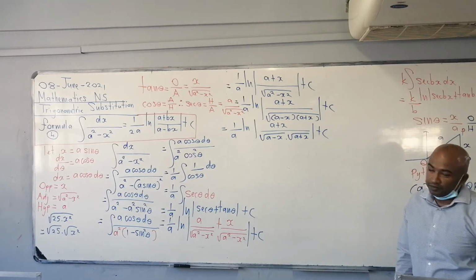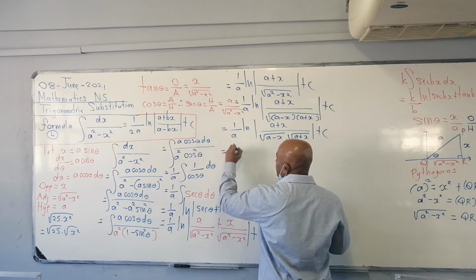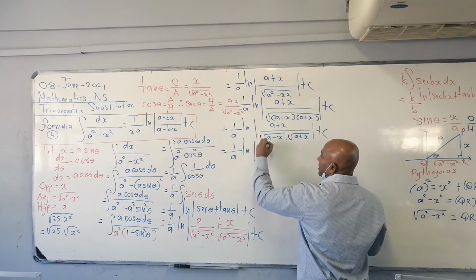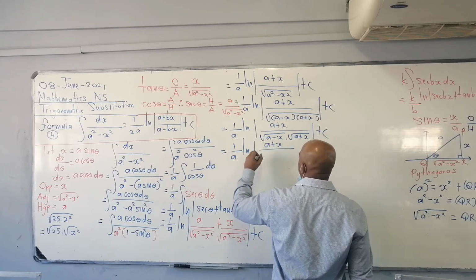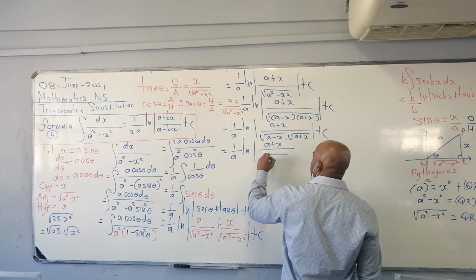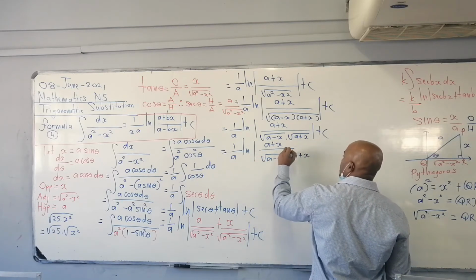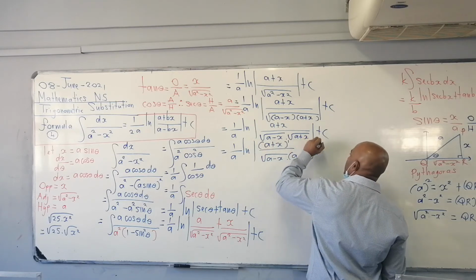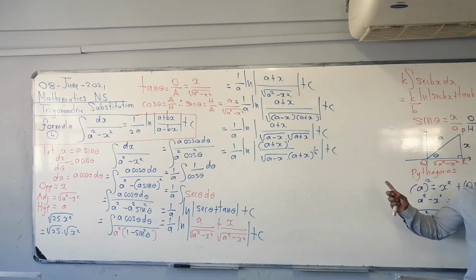Okay, now I'm going to go further. Alright, so here I got a plus x, and this is the square root of a minus x, and this is a plus x to the power half, and on the top it's a plus x to the power 1. Can you see what I'm talking about?